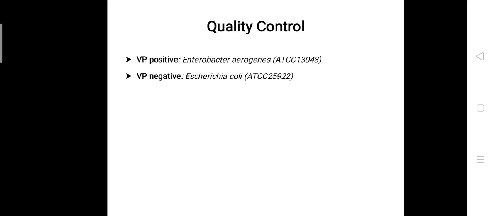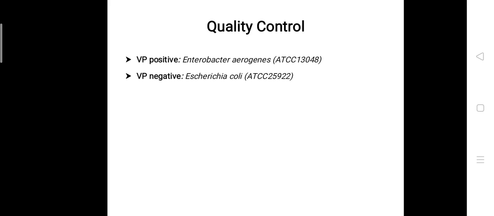Now coming to the quality control. Why do we use quality control? We should regularly test to check the reagent and also to check its potency. Some of the suggested controls are: for VP positive we have Enterobacter aerogenes, ATCC 13048.